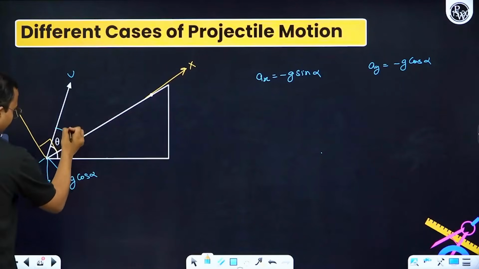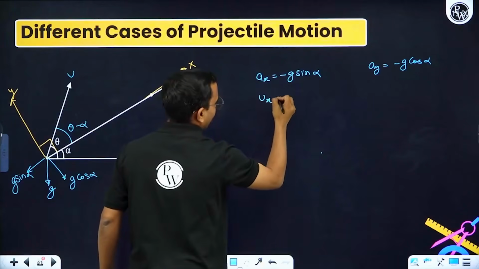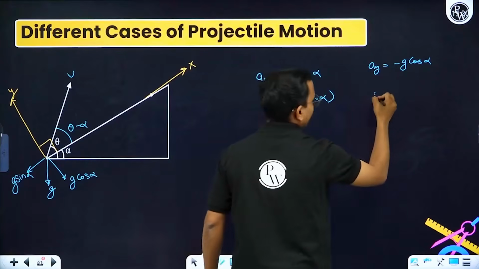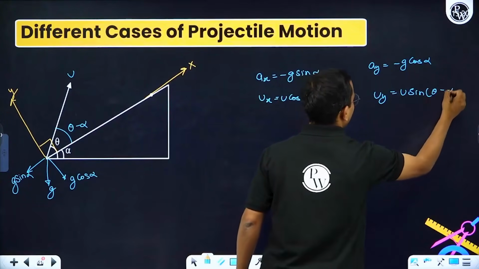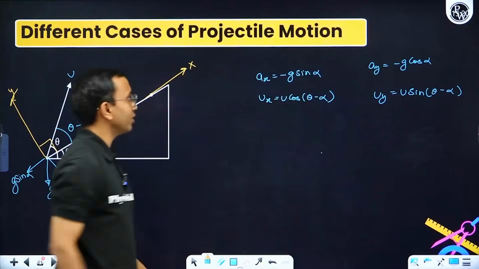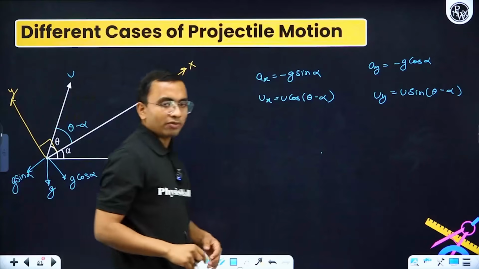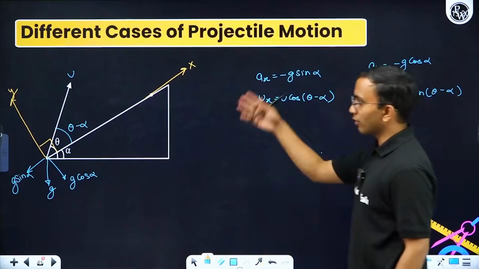This angle is theta minus alpha. uy is u sine of theta minus alpha. Here acceleration is along both the directions, so you need to consider that. Now use the formulas for uniformly accelerated motion along the x-axis and y-axis and solve.